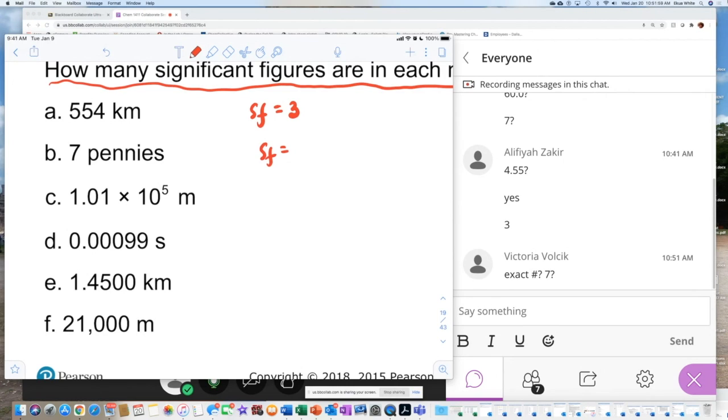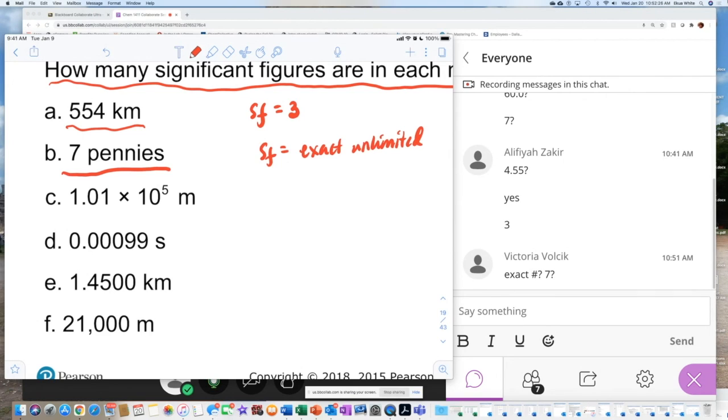If you count 7 pennies and somebody else counts 7 pennies, they can't come there and say, well, I think this is 6 when they have 7 pennies. Everybody will agree 7 pennies are 7 pennies. Versus when you're measuring a distance, depending on the device you're using, you can be a little bit off, right? So they say this is an exact number and therefore unlimited.